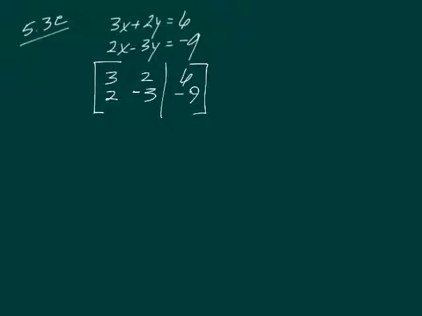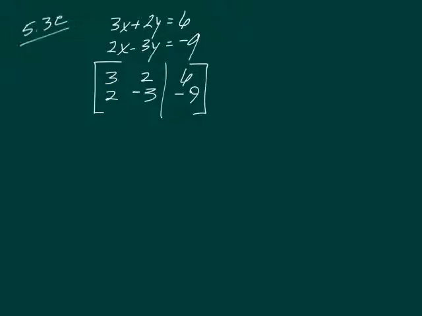Okay, so again, we want to get my major diagonal as 1s, and that is 0, and that is 0. One of the things that we want to do, and this is a little bit of an extra tip here, is I want to really try to make some of these numbers multiples of others.